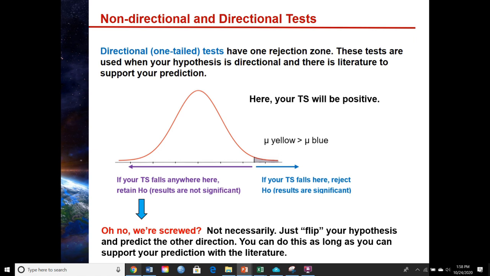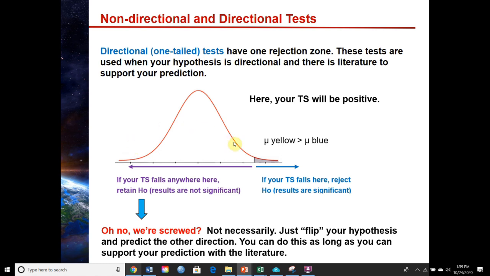And then the other group gets the real thing, a shot of real whiskey just before going into the testing center, right? So the placebo group gets a shot of placebo, and the treatment group, well, they get the shot of whiskey. Now, I'm expecting that the group that got the shot of whiskey is going to do worse on the exam. All right, so whiskey will be worse than placebo.